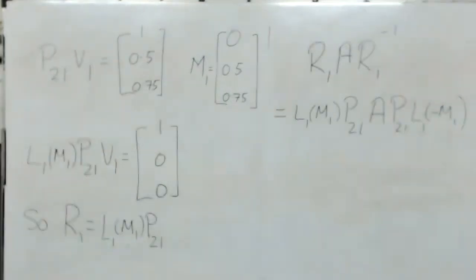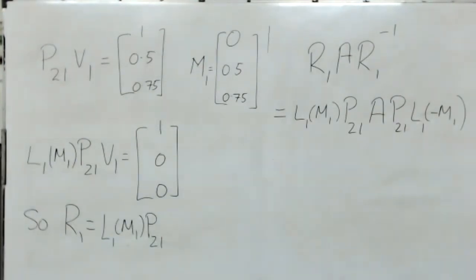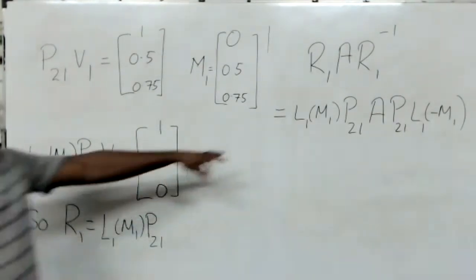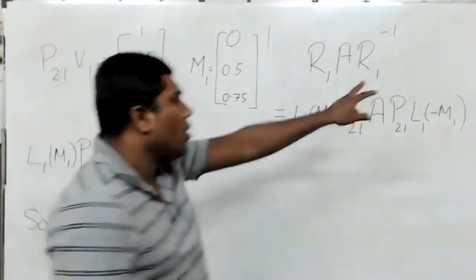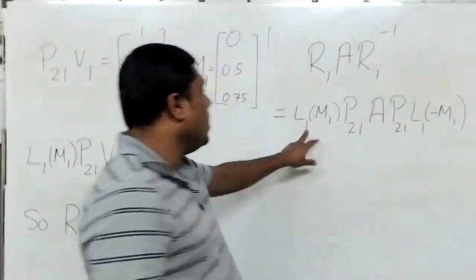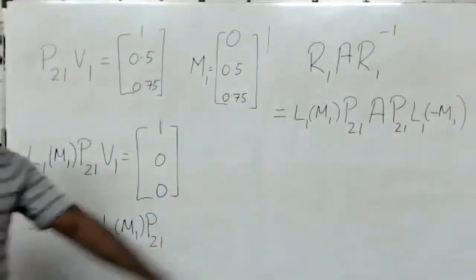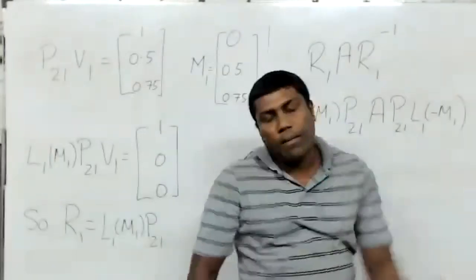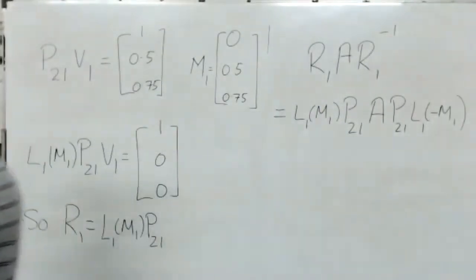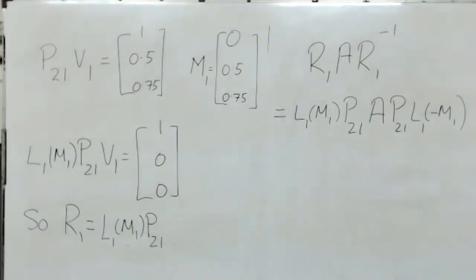So this multiplication you can do, because you know what is P21, you know what is the matrix L1 M1, you know what is the matrix L1 minus M1. I am not going to show all the multiplications because it is just writing down the matrices and multiplying them together.